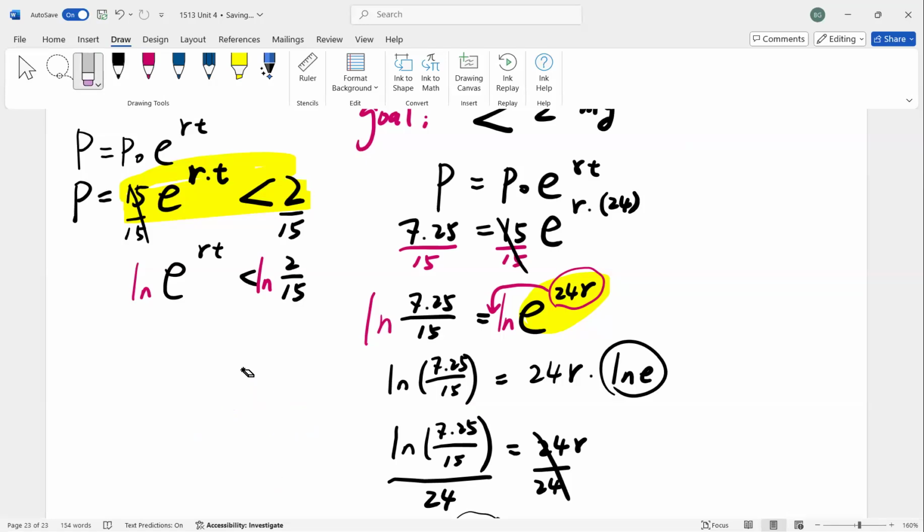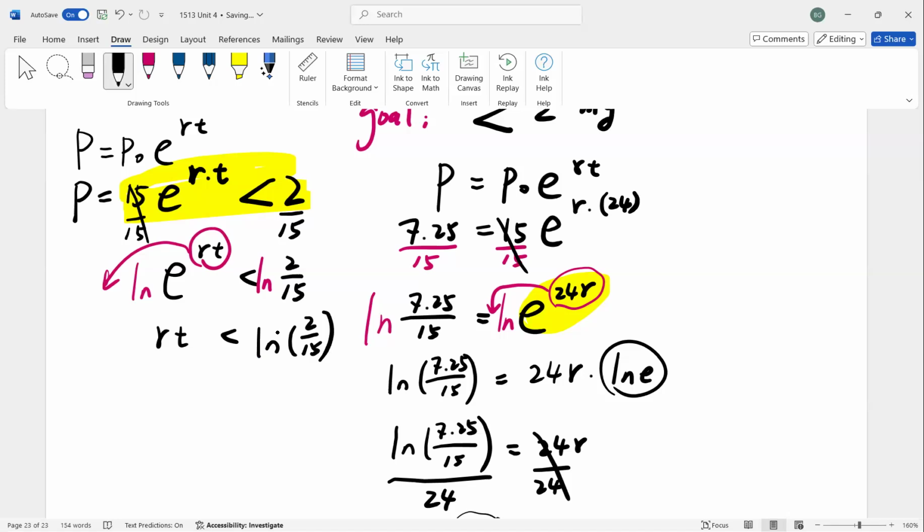After that, the exponent can be brought in front of the log, and ln e is 1, so on the left side we have rt, and on the right side ln 2/15.